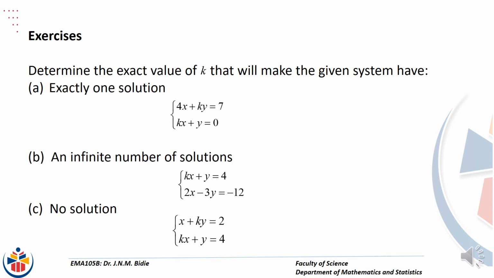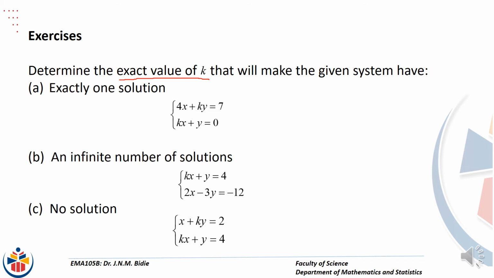Now, among these exercises, what you are asked to find is the value of k. First, the value of k that will give the system exactly one solution for A. That means they must have a point of intersection. And then an infinite number of solutions.